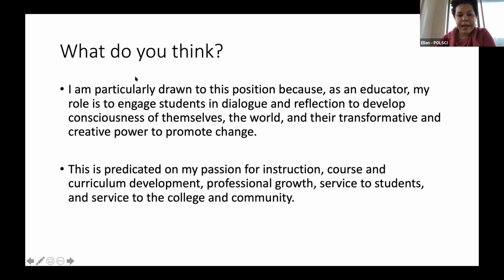The same with the second one, which is quite often seen in many letters, many diversity statements. This: I am passionate for instruction, course and curriculum development, professional growth, service to students, and service to the college and community. So often people mention that, but if the committee who is looking at your letter sees this, it doesn't differentiate you, it doesn't give examples.